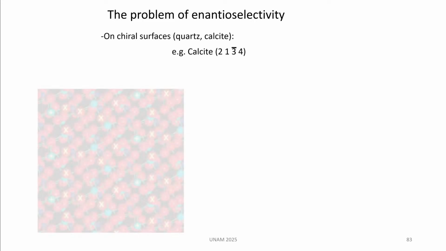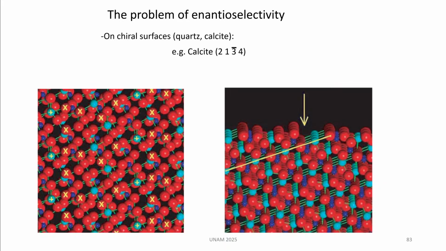There are many answers to this question. One of them calls upon adsorption, and it has also been tested experimentally, so that's not just an idea up in the air. Okay? Well, we have to understand first that some surfaces are also chiral, in the basic meaning that they are not superimposable to their mirror image.